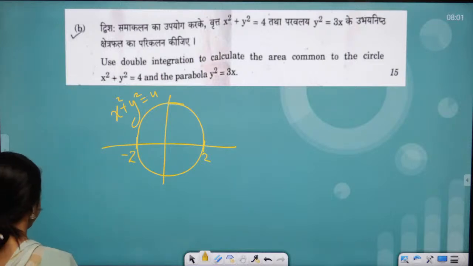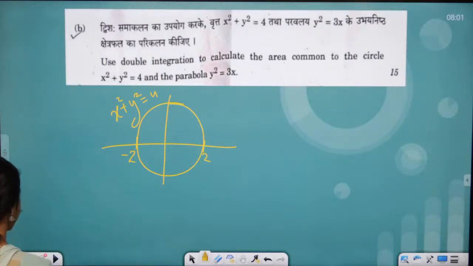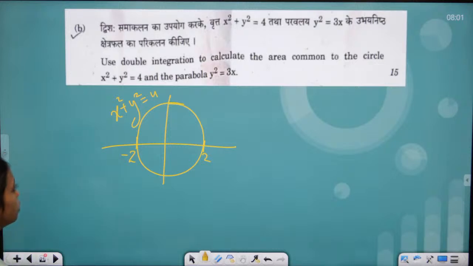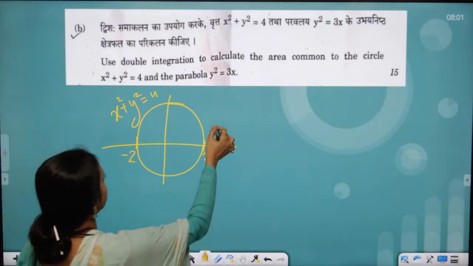And the parabola y square is equal to 3x. So y square is equal to 3x like that.